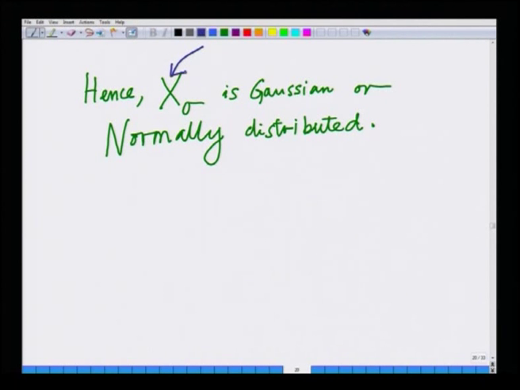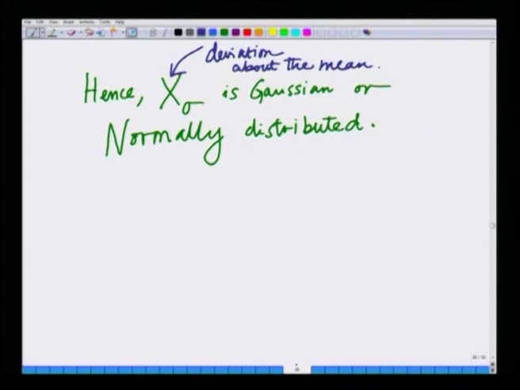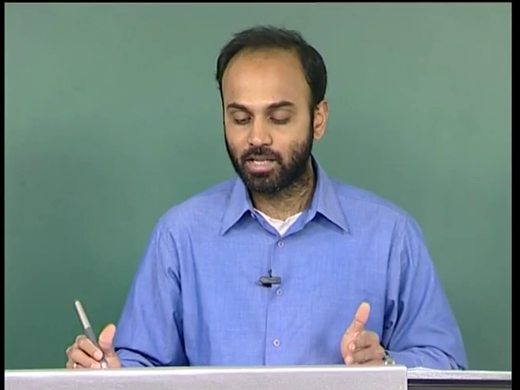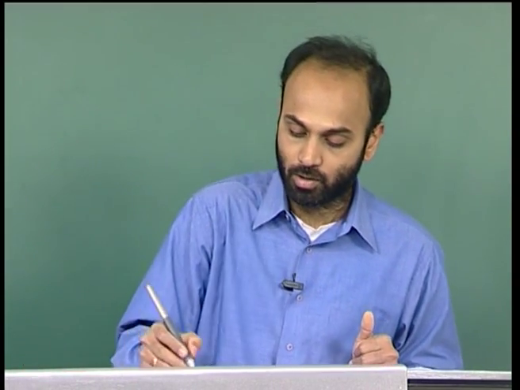And what is x sigma? X sigma is nothing but the deviation about the mean. However, x sigma is in dB, remember, hence x sigma is nothing but log 10 of received power, which is related logarithmically to the received power.